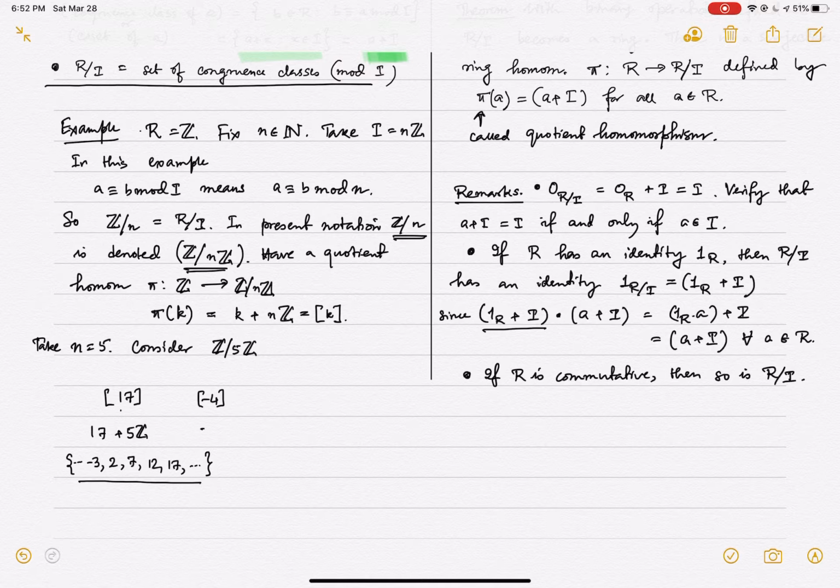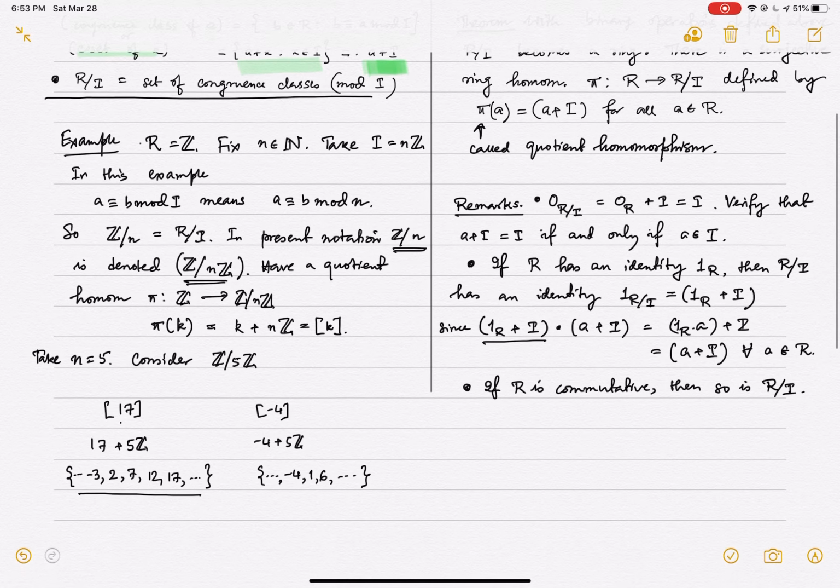So minus 4 means minus 4 plus 5Z, meaning the set -4, 1, 6, etc. And to add these, what was the prescription?